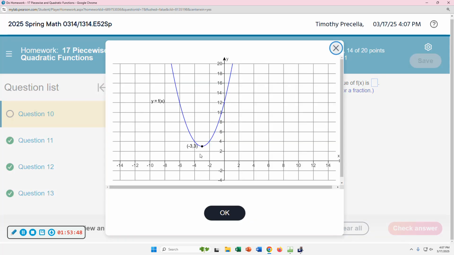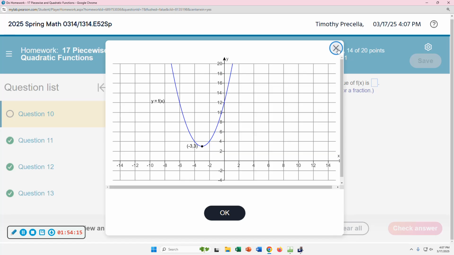Here's the picture. Does this thing have a maximum or minimum? It's opening upward, so is there a high point or a low point? A low point, so it's a minimum. What's the minimum value? It's either negative 3 or positive 3. What is that minimum y value there? The positive 3.